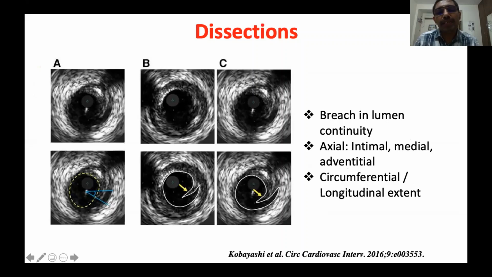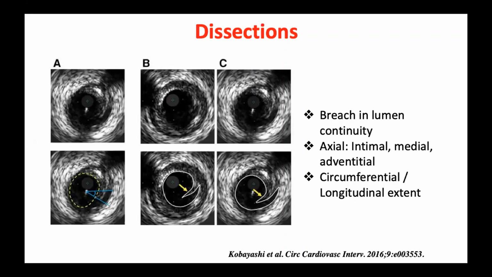If you measure here, what you get is lumen measurement, either area or diameters. And the second interface is the external elastic membrane interface. That is where the adventitia starts. If you measure this area, that gives you vessel dimension, either vessel area or vessel diameters. That is your external elastic membrane area. That measurement is made at the junction of the media with adventitia.